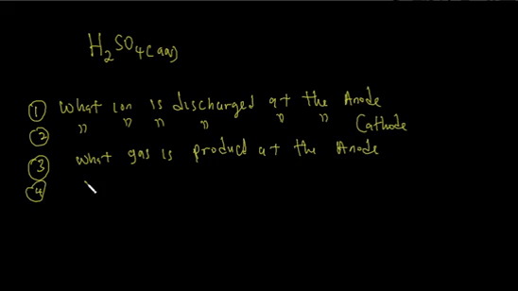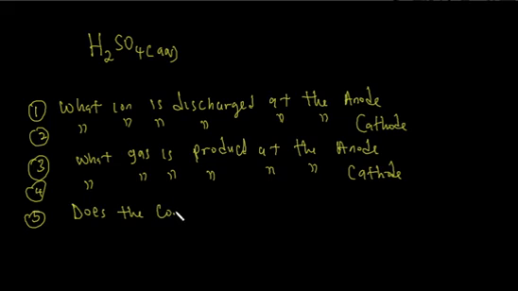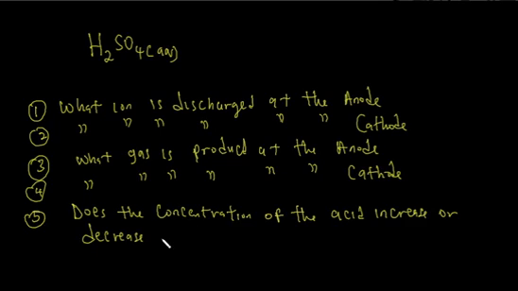Number 4, what gas is produced at the cathode? We are not done with this study, but with what we've learned so far, you can answer these questions. Number 5, does the concentration of the acid increase or decrease after electrolysis?